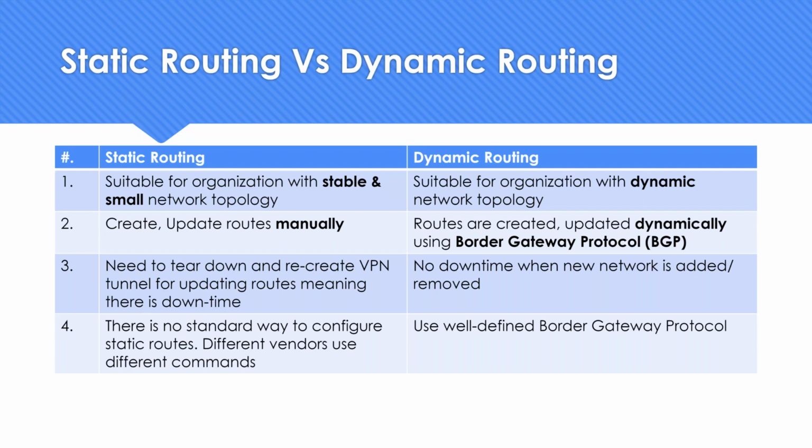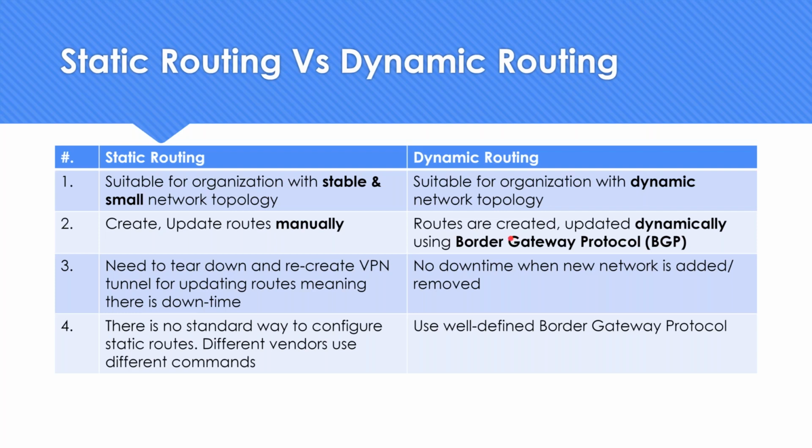So very short, very simple, easy to implement. They can prefer static routing basically. And when you want to create, update, all those things, you have to do it manually. New routes, all those things, it has to be done manually. But here it's totally going to be automatically created because of BGP used.